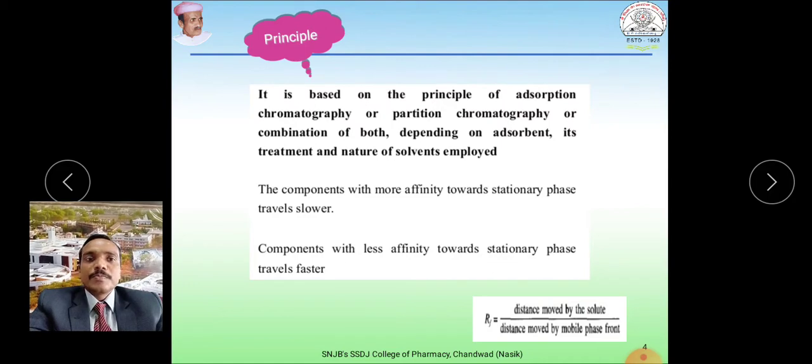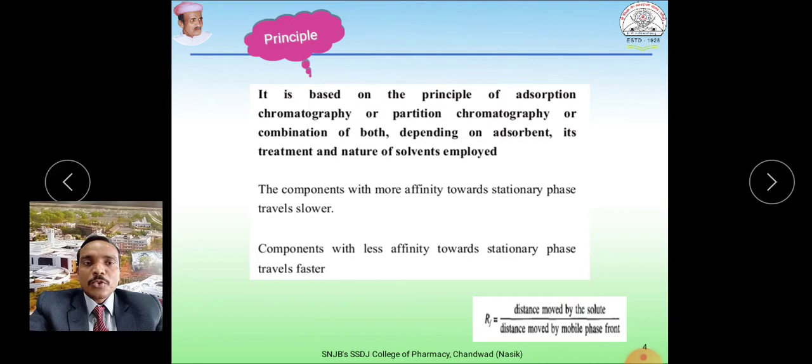This distance traveled by the component of a mixture on the stationary phase can be calculated as Rf by the formula: distance moved by the solute upon distance moved by the mobile phase front.